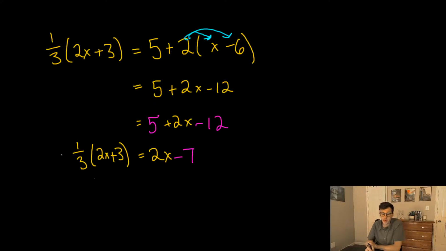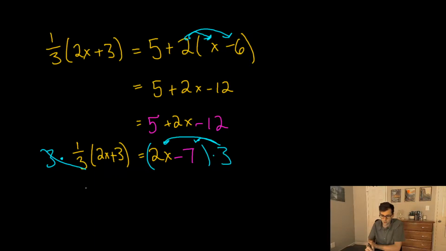You could think of it as dividing by 1/3, but that's the same as multiplying this side by 3 and this side times 3. What that does is allow me to cancel out over here. Those 3's go away, and then I just distribute the 3 over here. That's a lot easier than dealing with fractions, at least in my opinion.